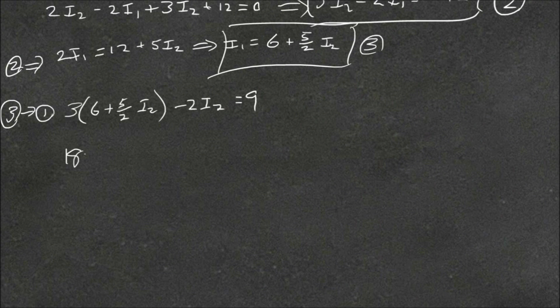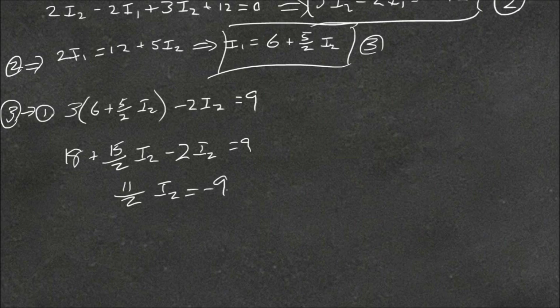Expanding this, we get 18 plus 15 on 2 I2 minus 2I2 equals 9, which simplifies to 11 on 2 I2 equals negative 9, or I2 equals negative 18 on 11, which is about negative 1.64 amps.